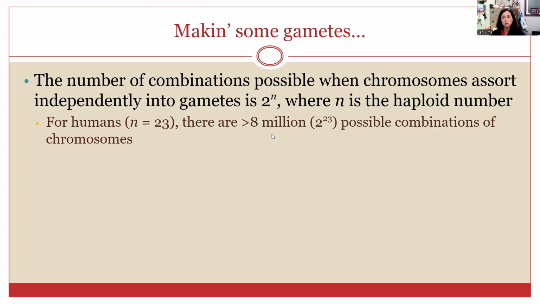It's 2 to the power of n. So if you take 2 to the power of 23, and you can load it into your little calculators, and hit the button, it is over 8 million possible combinations for every egg and every sperm. That's a lot. That's why we all look so different.